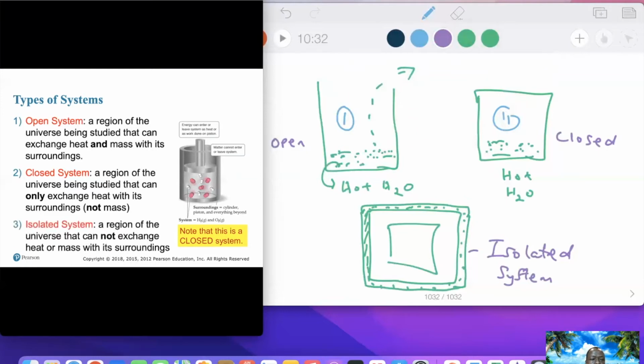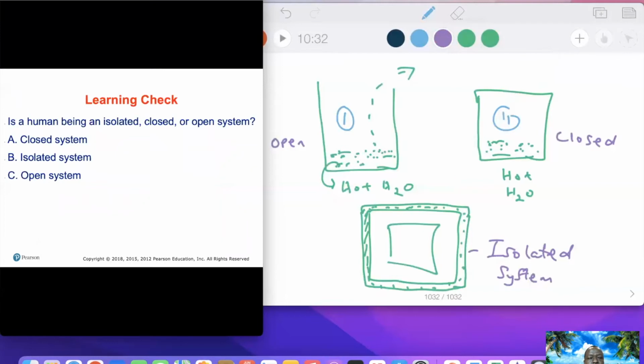You should be able to explain, or if we are given an example or case study, identify whether it is open, closed, or isolated. Isolated is a region of the universe that cannot exchange either heat energy or mass with the surroundings.